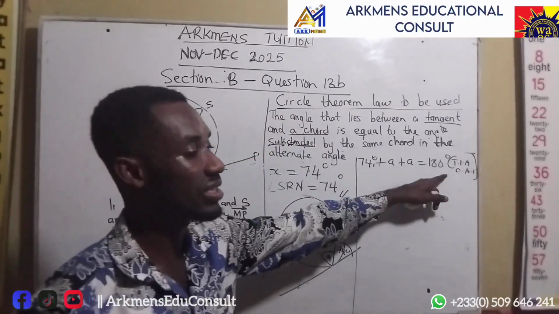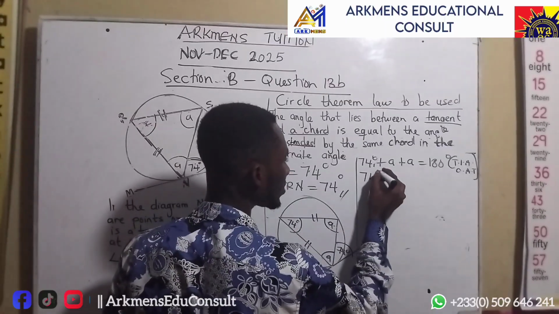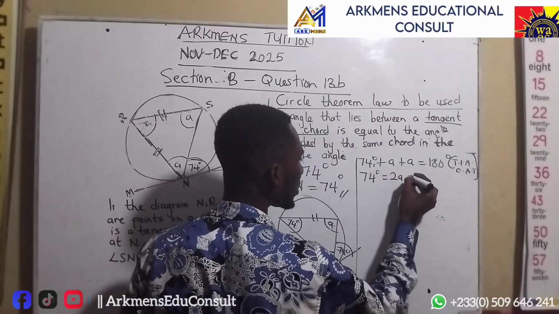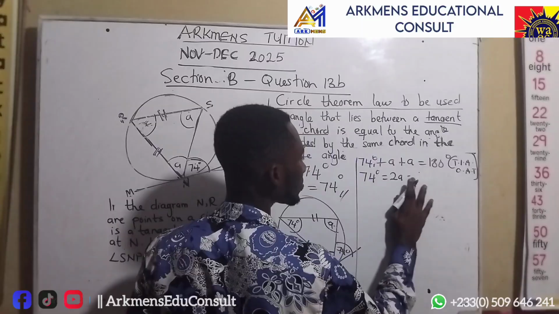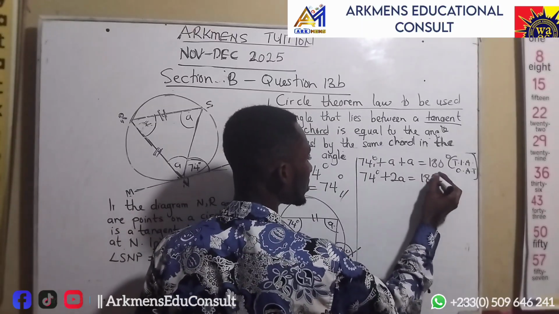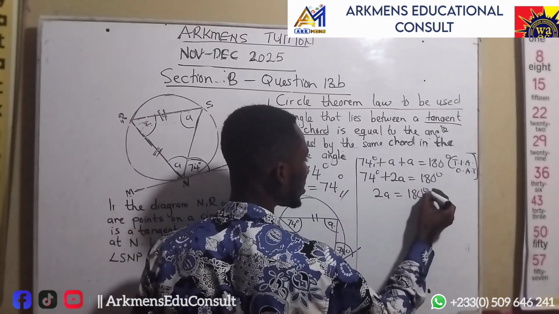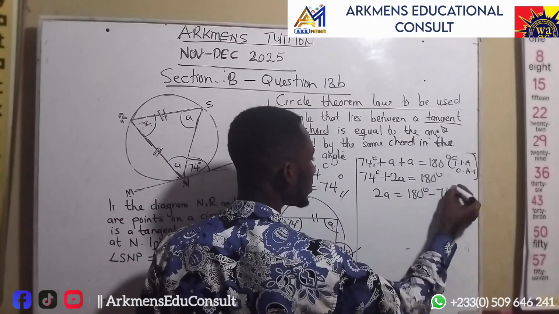I've just made it in the initials. So we move on to make it 74 degrees plus 2A is equal to 180 degrees. So 2A is equal to 180 degrees minus 74 degrees.